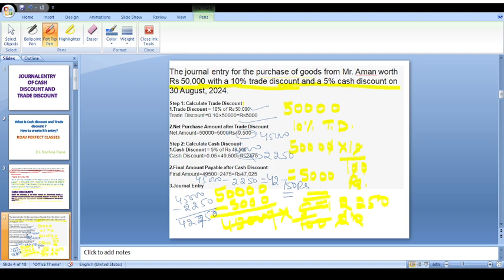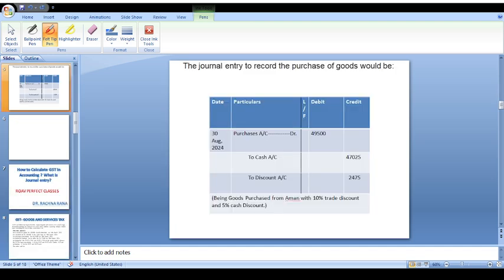Now how will we enter the amount? The journal entry passed is: purchases account debit to cash and discount.